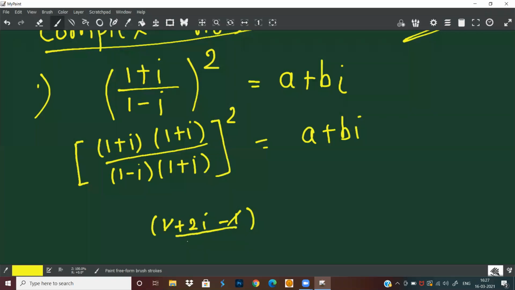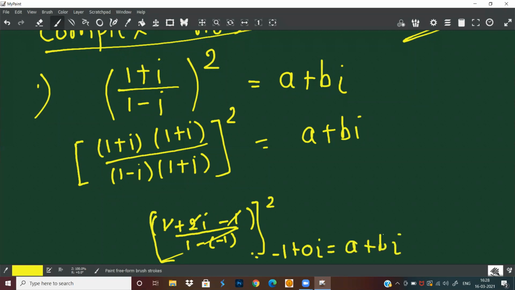So 1 square minus I square is 2, and the entire thing is squared. So this 2 will cancel with this 2. So this will be I square, which is minus 1. So it is minus 1, there is no term of I. So it is plus 0I in a plus bi. Correct? That gives you the value of a as minus 1, the value of b as 0.